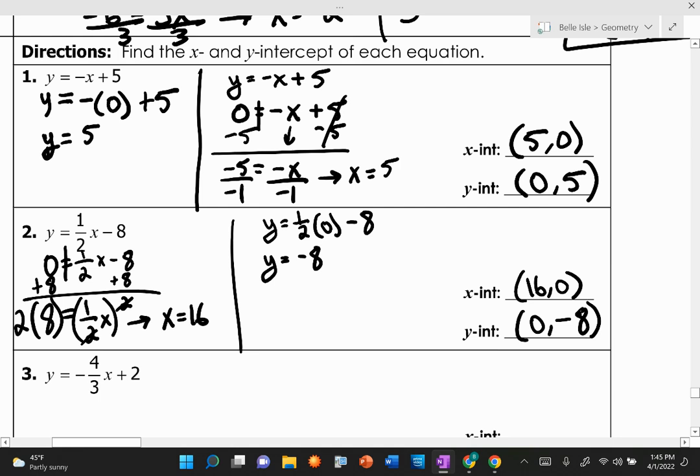Okay, as soon as you're ready, you can check number 2. If you are done with number 2, please move on to number 3. Is that a 2?